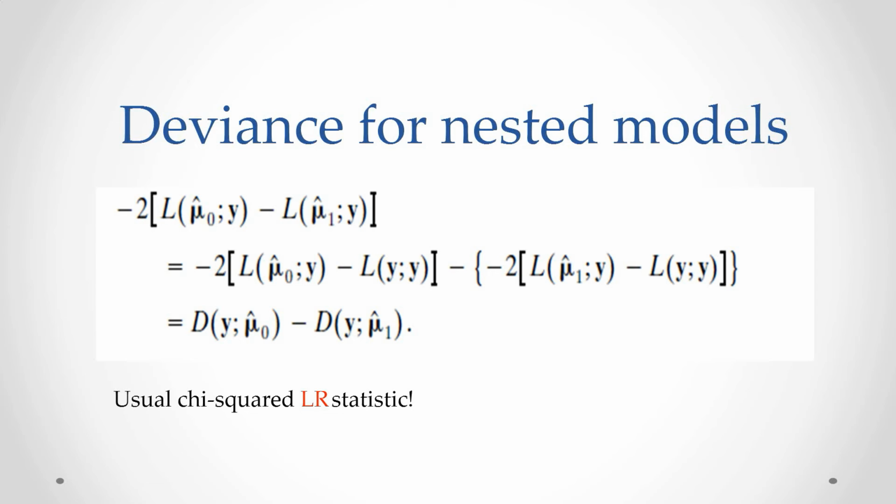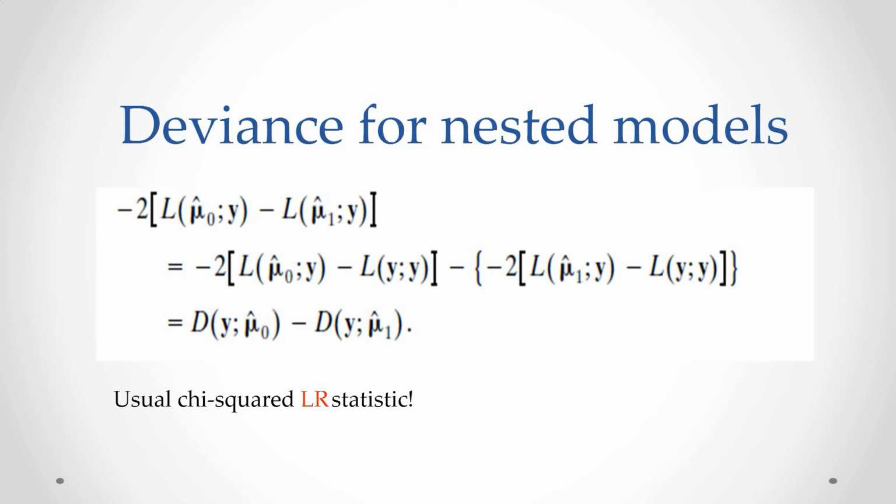Thus, minus 2 times L of mu_0 hat, y minus L of mu_1 hat, y is equal to minus 2 times L of mu_0 hat, y minus L of y, y, minus minus 2 times L of mu_1 hat, y minus L of y, y. Here mu_0 hat and mu_1 hat are the mean estimates from the two nested models, and y of course refers to the saturated model. So this is equal to d of y, mu_0 hat minus d of y, mu_1 hat.